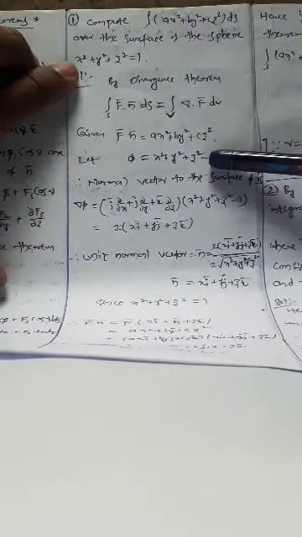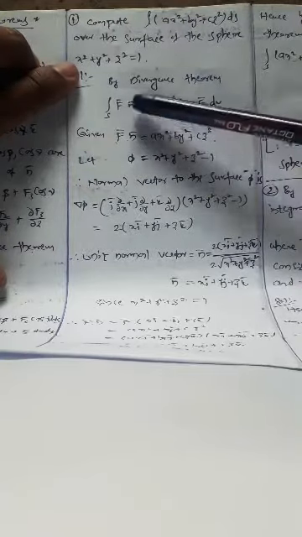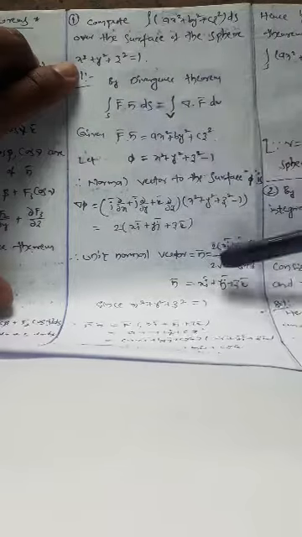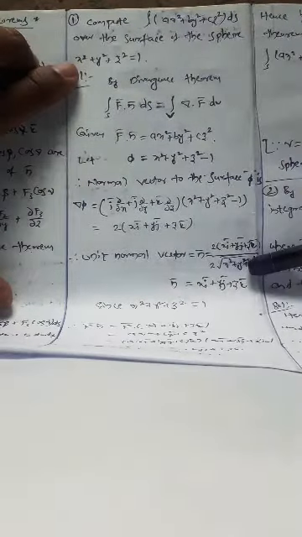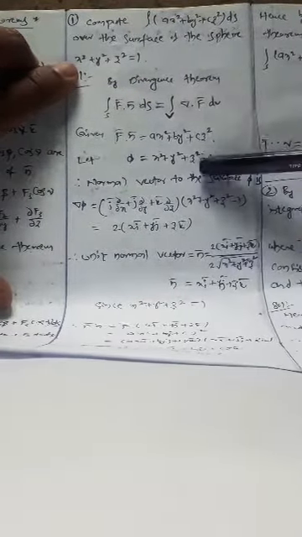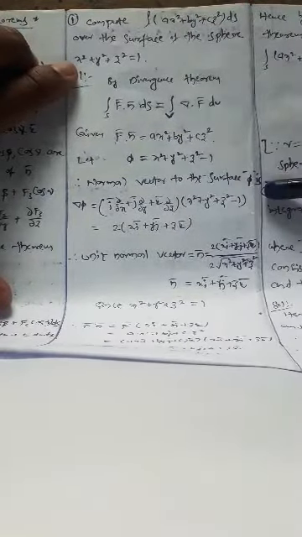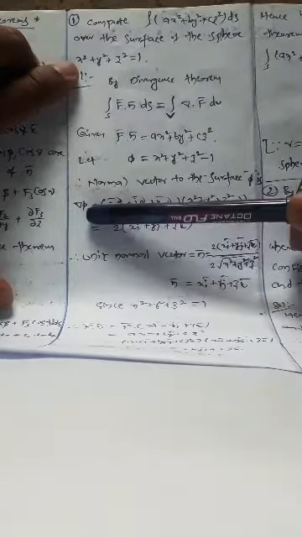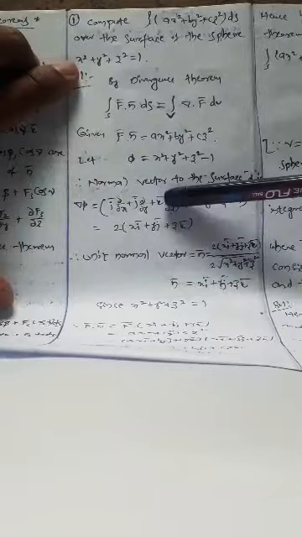Now we have to find the unit normal n. The unit normal formula is n equals del phi by mod del phi. So first of all let me find del phi. The normal vector to the surface phi is del phi, where del is i dou by dou x plus j dou by dou y plus k dou by dou z.